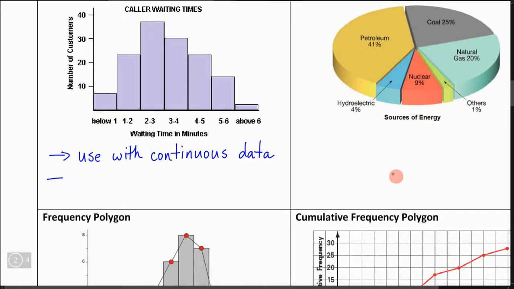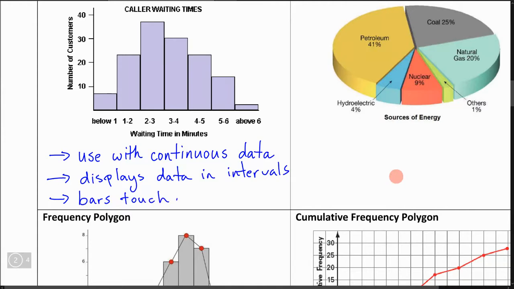It displays data in intervals. And the connected bars are the way to show that continuity as you're going from one bar to the next. So the bars touch, from one interval to the next. Notice the bars touch here.